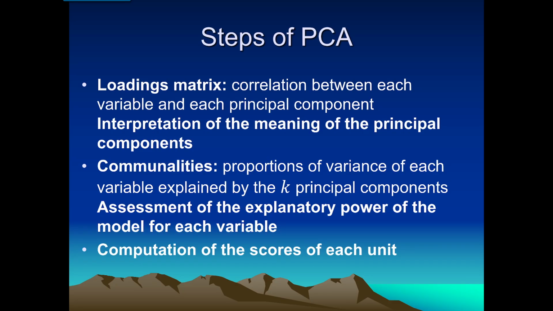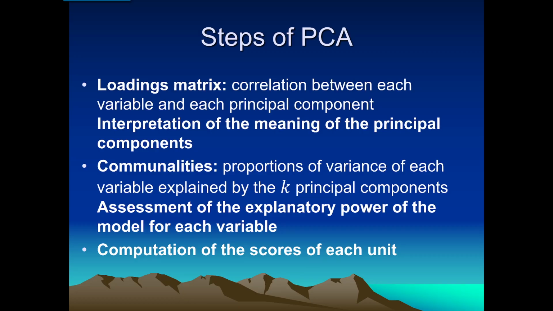The sum of the squares of the correlations of each variable with the principal components is the communality. Communality greater than 0.95 means that your variable has been explained in a very good way by the K principal components. So assess the explanatory power of the model for each variable. So you check what are the variables which are best explained and which are those which are worst explained.